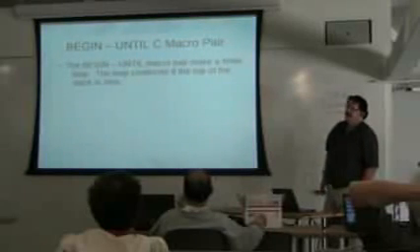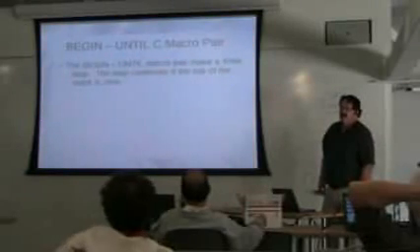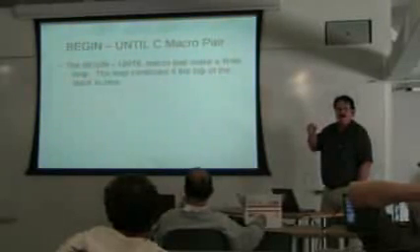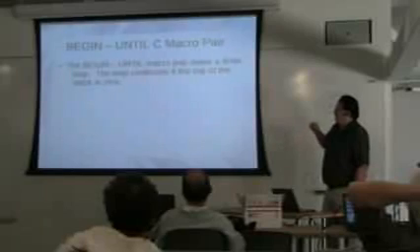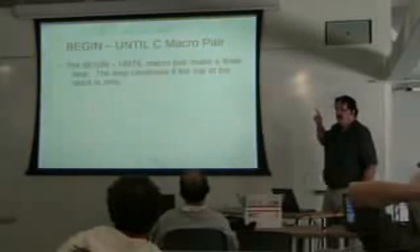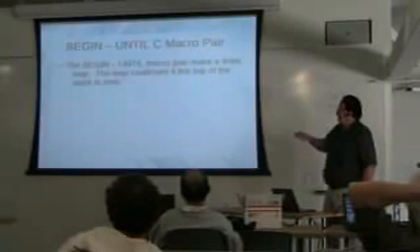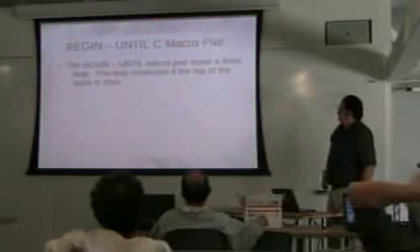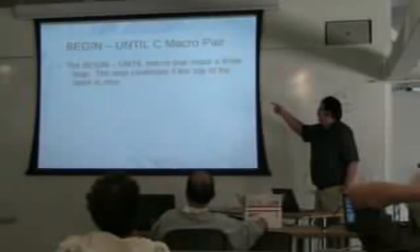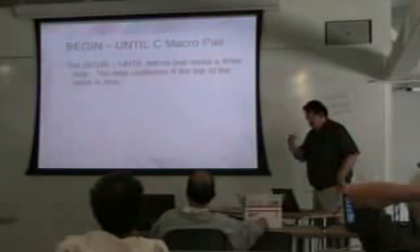And then comes the interesting thing. Forth has immediate words, which means they are executed right then and there. These do the equivalent of those words. We have the begin until, and what they do is they make a finite loop for your words.